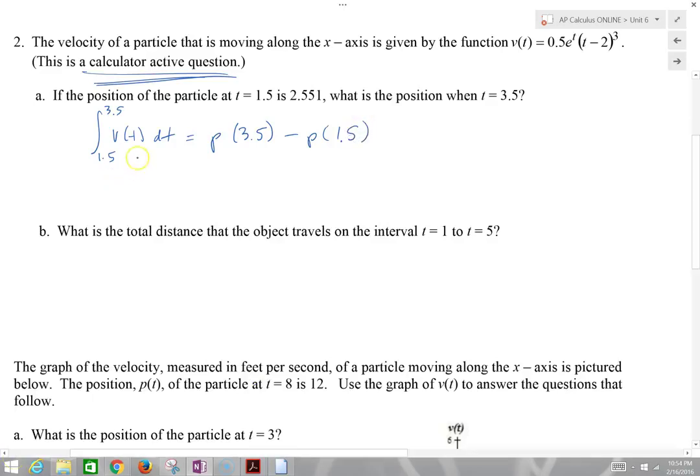And, well, I haven't shown you how to use your calculator to do this, which is kind of hard to do given my technological advances here. I'm going to have to try and get that up. Anyway, you can do this in your calculator where you put in the velocity function into an integral and evaluate it. And since we know the answer to that, then we plug in what we know.